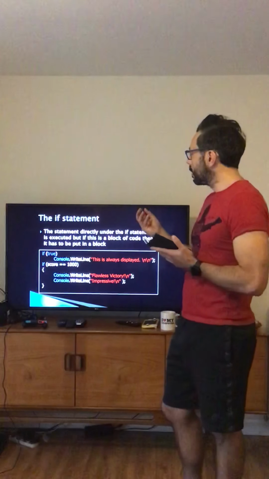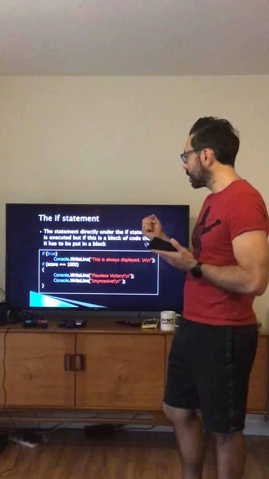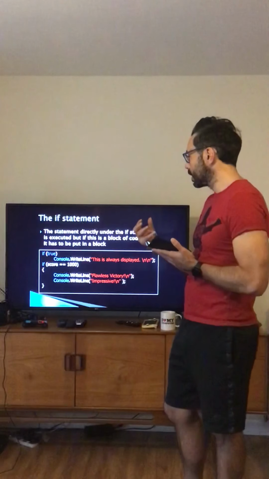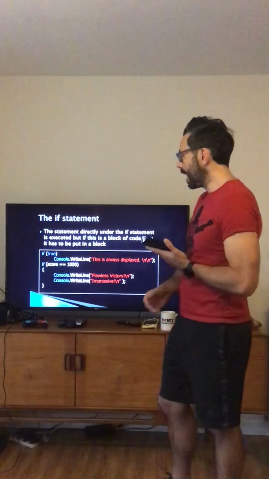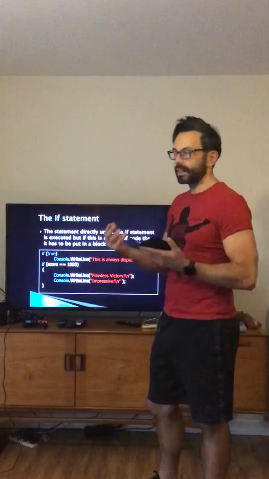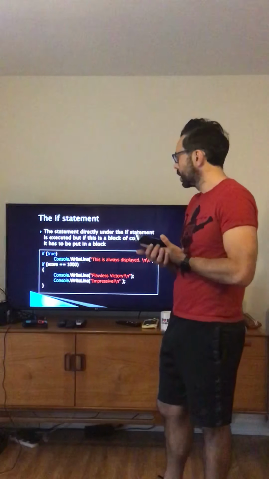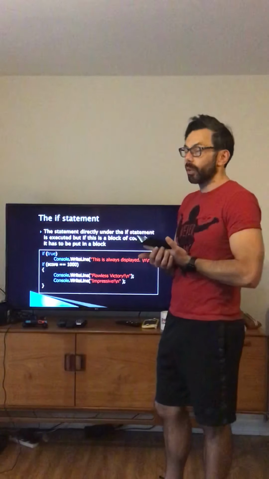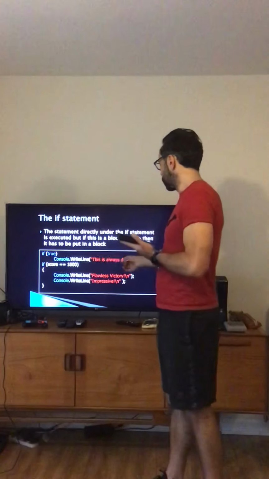So the statement directly under the if statement is executed. But if this is a block of code, then it has to be put in a block. Okay. So if that's true, and you can in fact set an infinite loop like that if you wish, while true, you can do that with while loops, which we'll discuss later on, then this is always displayed.